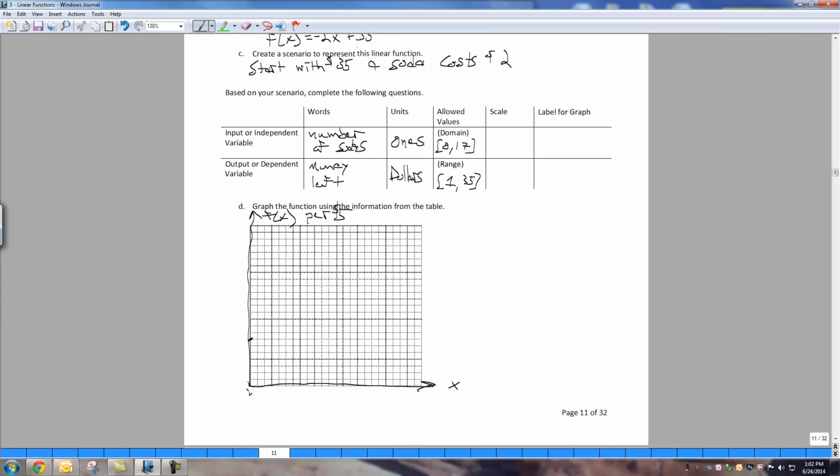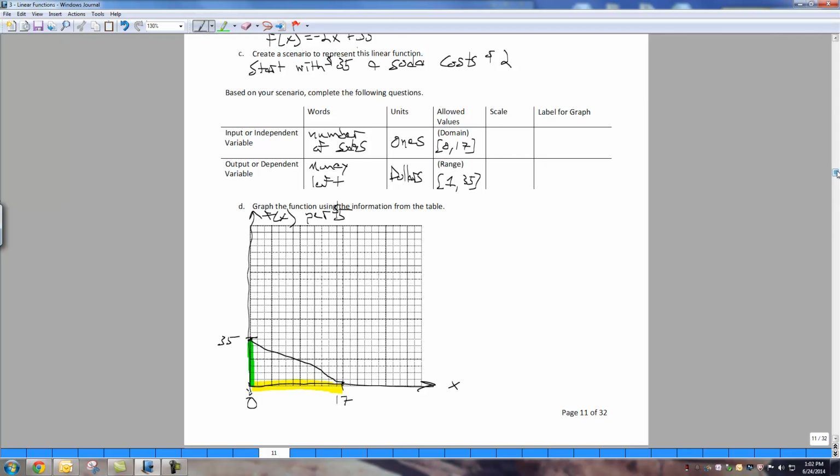So if I've bought 0 sodas, I have $35. Then I come all the way out here to 17 sodas, and I'm still going to have $1 left. So here's my graph. So notice there's no arrows on the graph itself because it stops. So my domain is from 0 to 17, and my range is from 0 to 35.